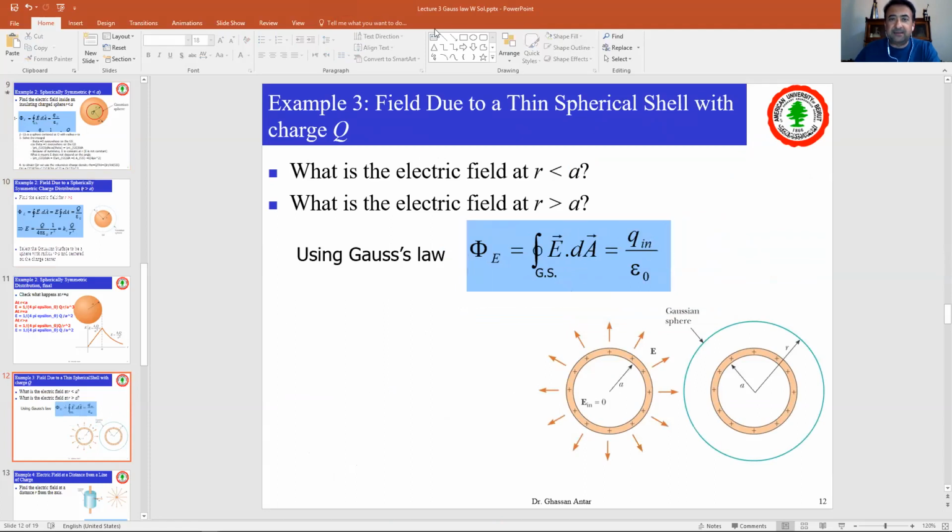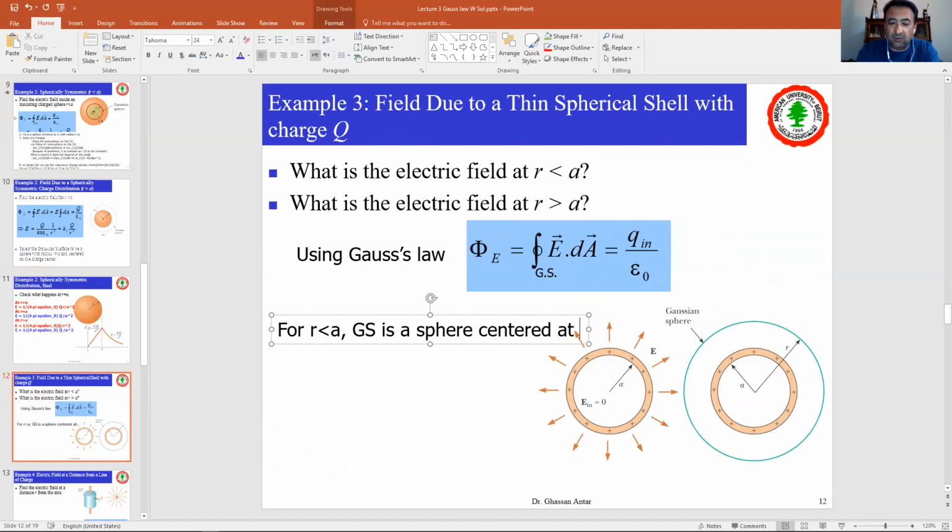So what happens for r smaller than a? We choose a Gaussian surface. The Gaussian surface is a sphere, once again, centered at O, the same center as the whole spherical shell, with radius r smaller than a.